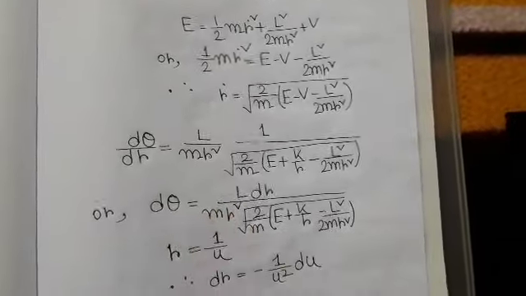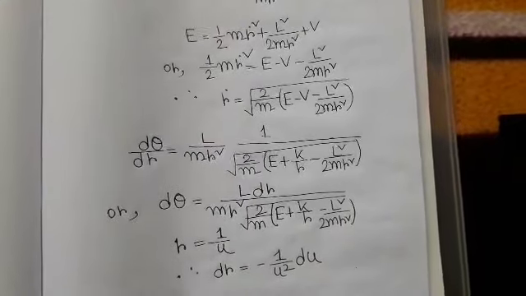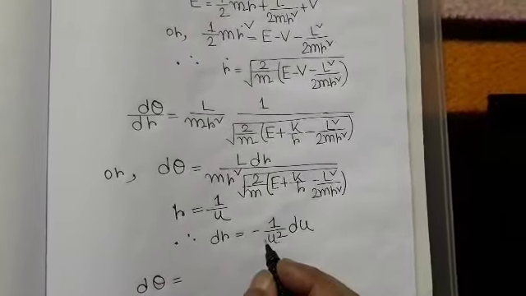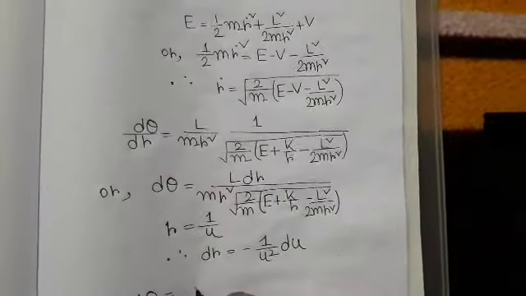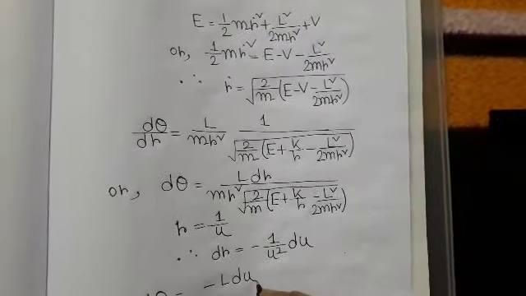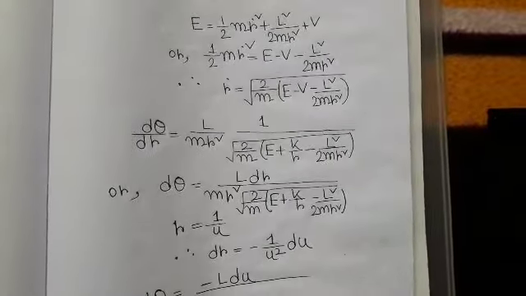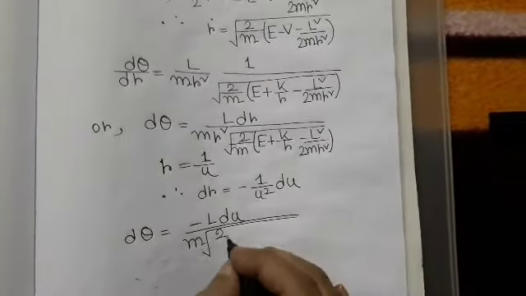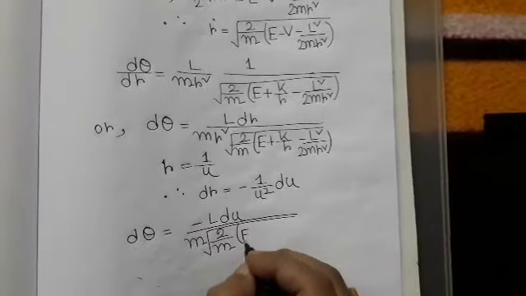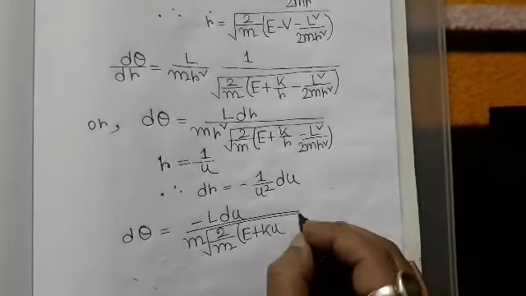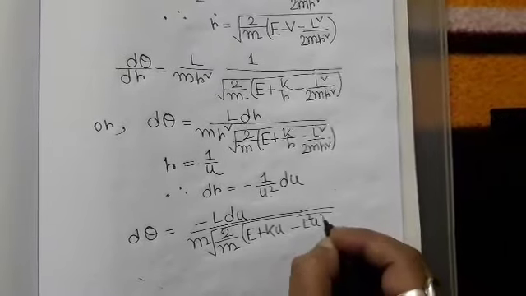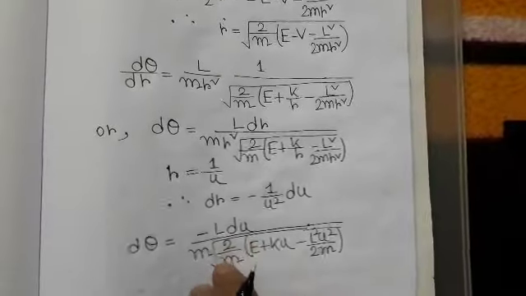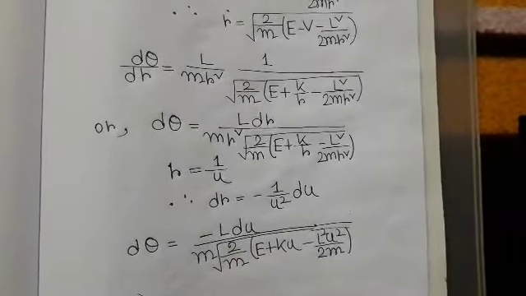So this can be written in this way: d theta equals, if we substitute the value of r in terms of u, minus L into du by m into square root of 2 by m into E plus k u minus L squared u squared by 2m. On simplifying and rearranging, the variable r is replaced by u.